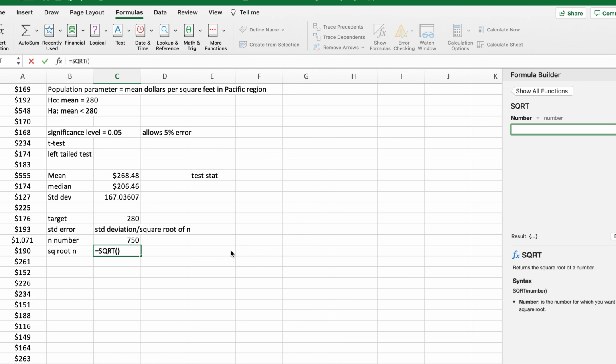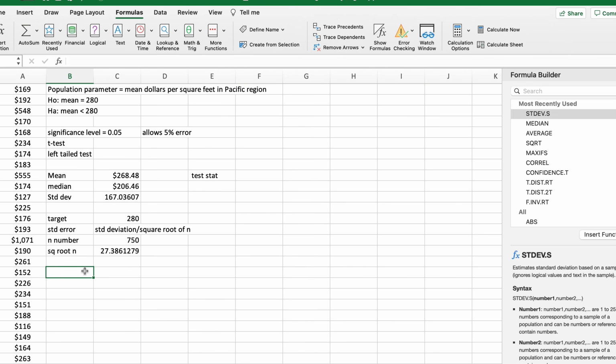Now you can just type 750. Enter or done. So that's the square root of n. So what is our standard error now? What do we say our standard error is? Standard deviation divided by the square root of n.